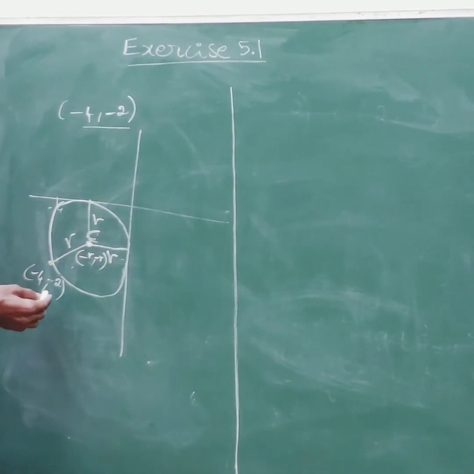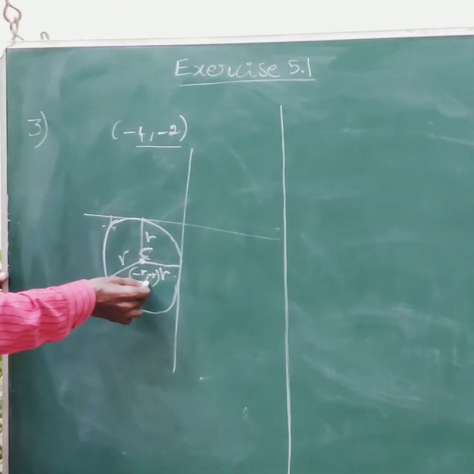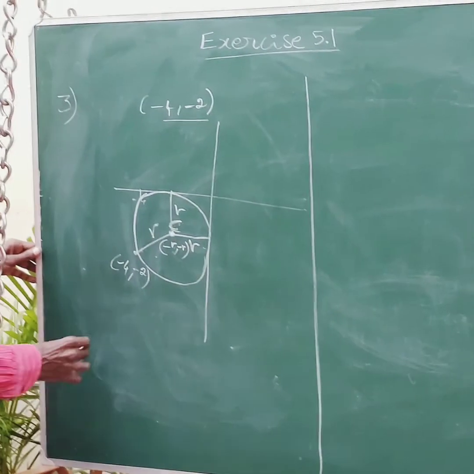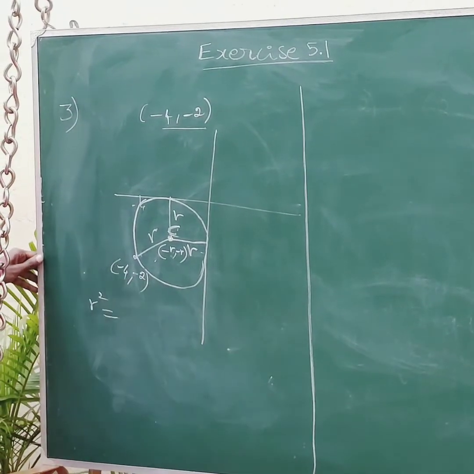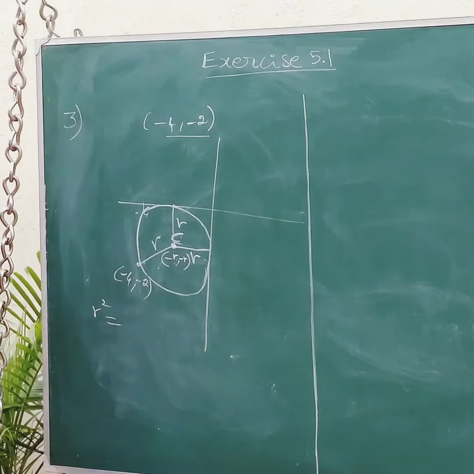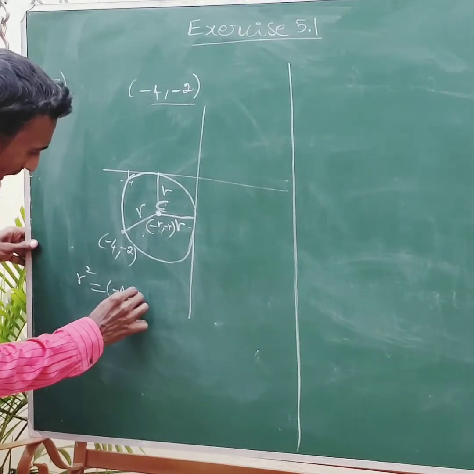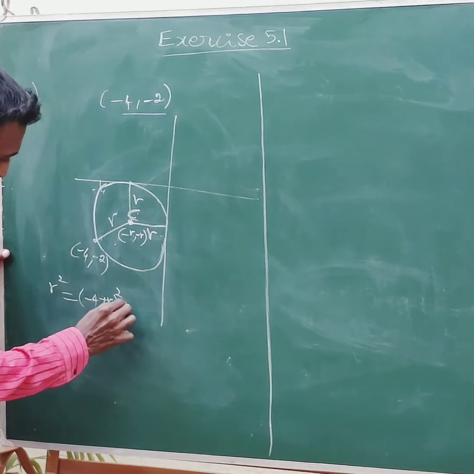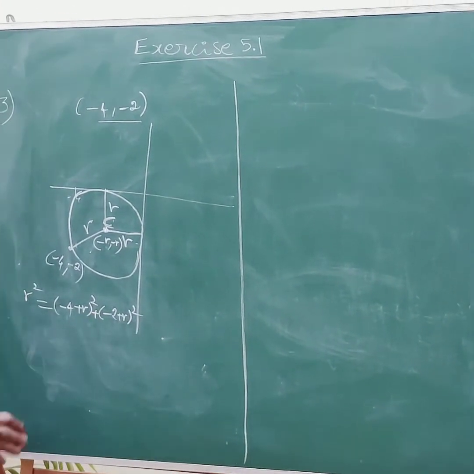Assume this is some x2 y2 and this is x1 y1, and this is radius r. So we get r square equal to x2 minus x1 the whole square plus y2 minus y1 the whole square. Use that formula. We are getting minus 4 plus r the whole square plus minus 2 plus r the whole square. Expand this one.